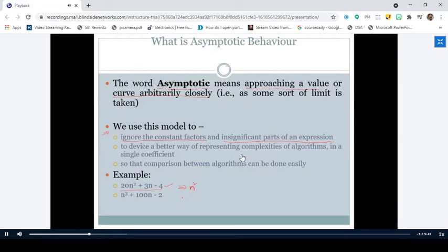How did we get this? By looking at this rule: ignore the constant factors and insignificant parts of an expression. Insignificant parts means that the rate at which n square increases will be very high compared to the rate at which n increases. Is it true or not? For example, if I take n equal to 10, what is n square? 100.